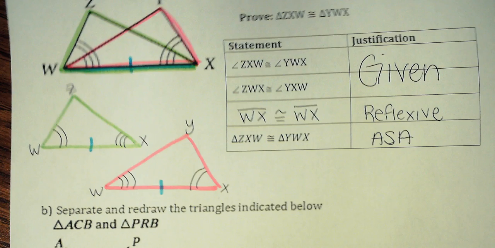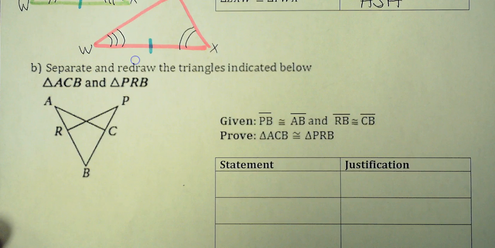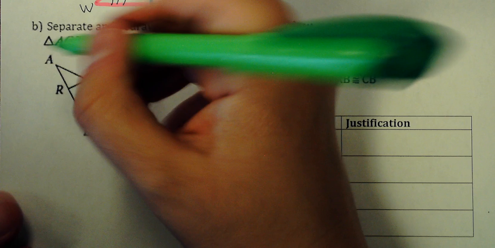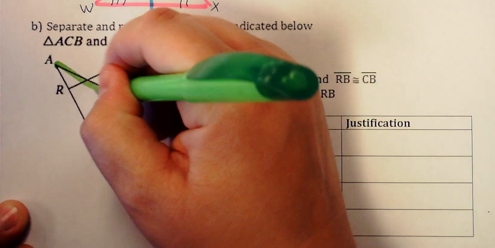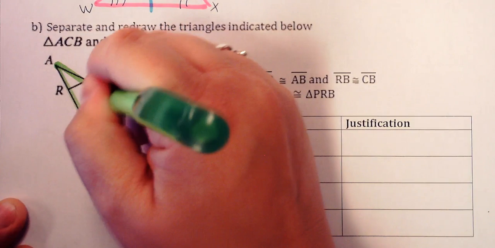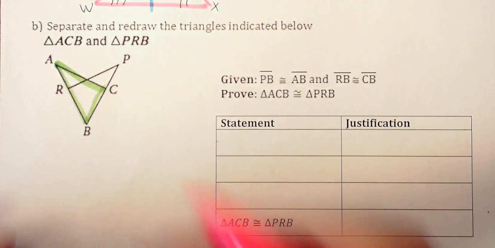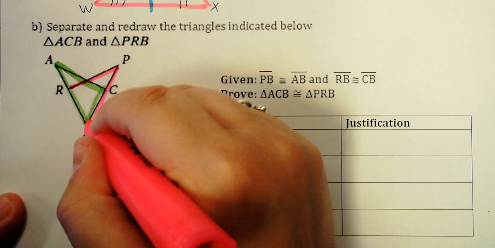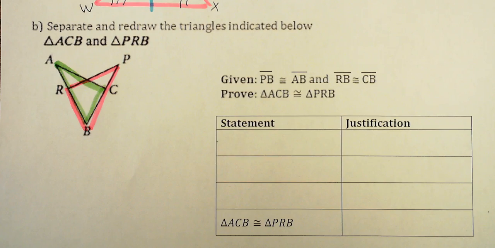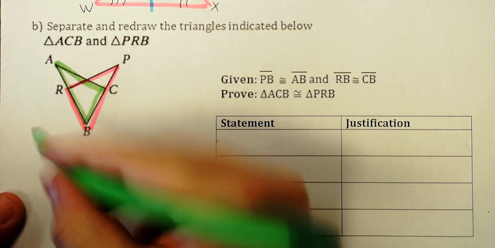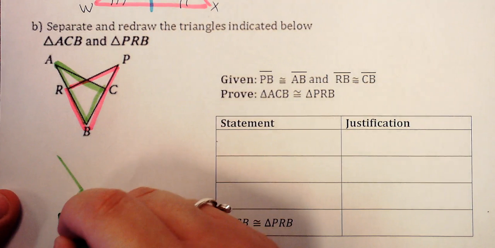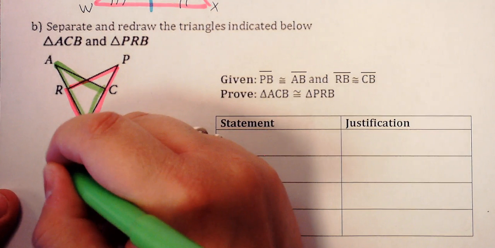Okay, so let's slide up to the next example. It tells you which ones to separate and redraw. So I'm going to grab, here's A, C, B. And the other triangle, P, R, B. Okay, again, I try to do my best to make them look similar to what they did, but it doesn't have to be perfect.